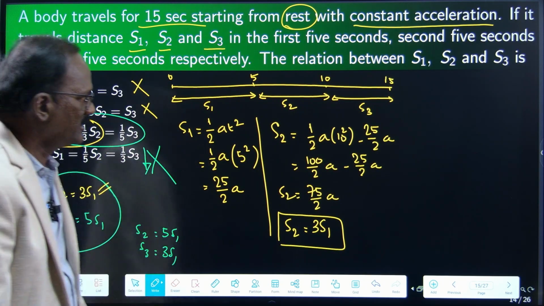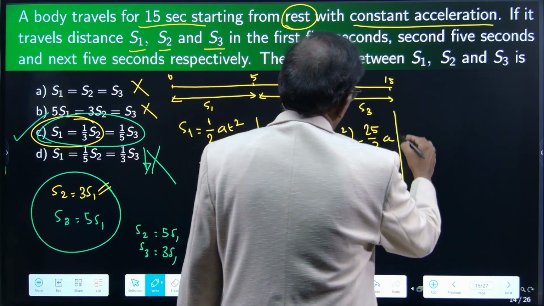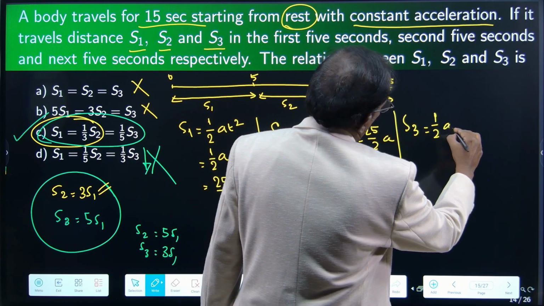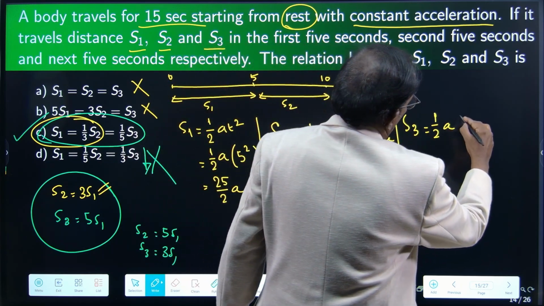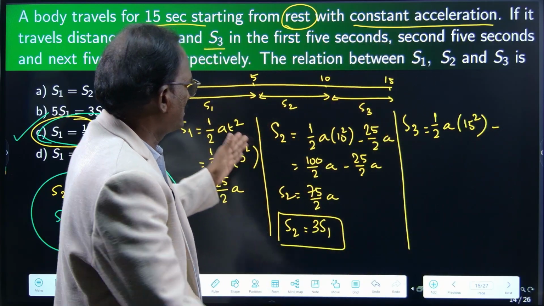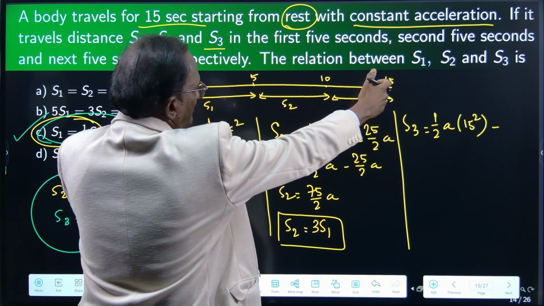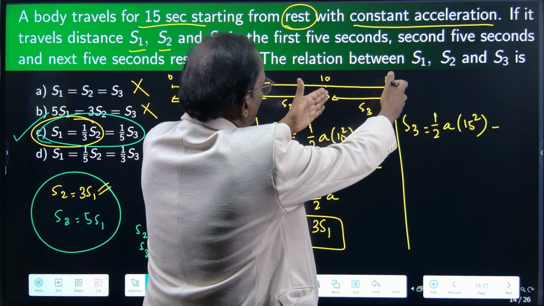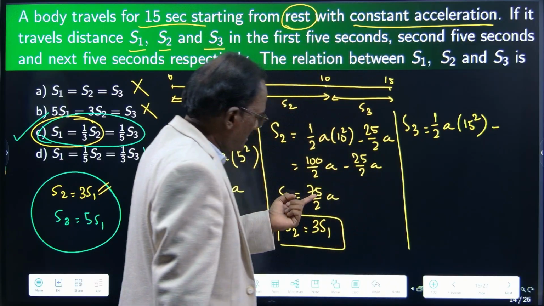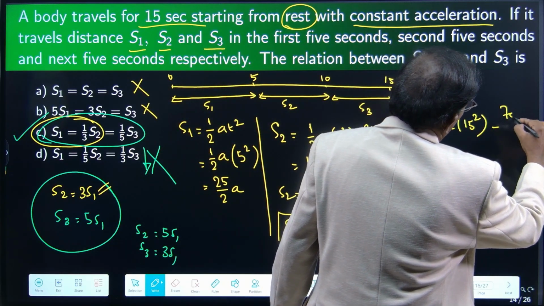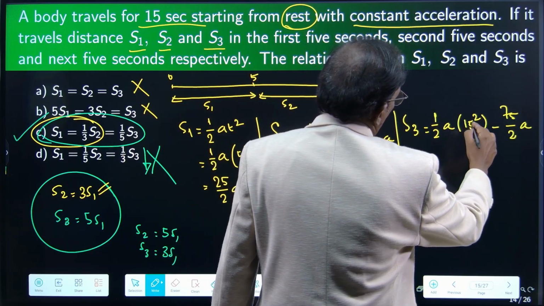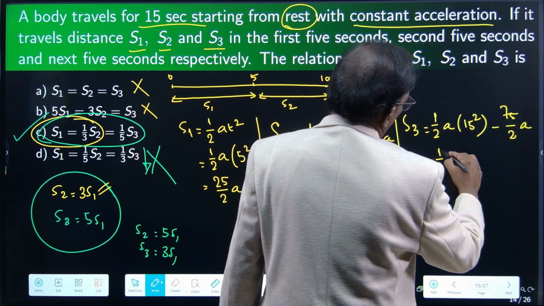This is coming. So let us check the S3 also. S3 is equal to half a, this is 15 square, minus this distance. So this is the total distance after 15 seconds. So this interval I need, so this distance has to be subtracted. This distance is 75 by 2a. So this is 15 square is 225.